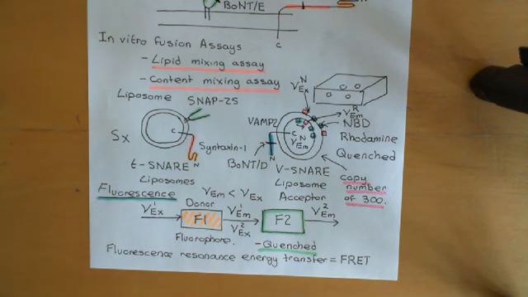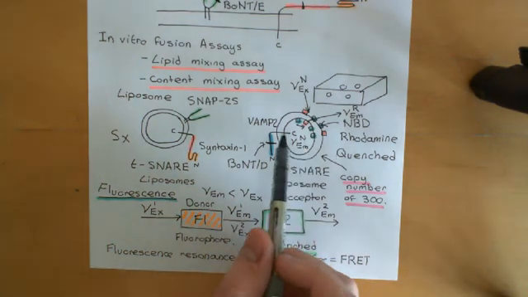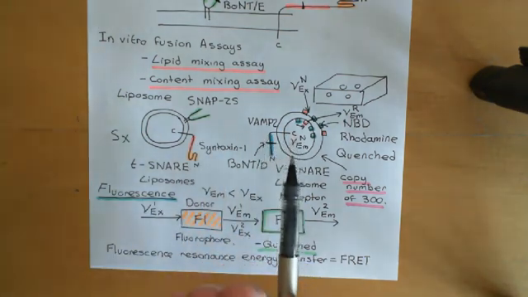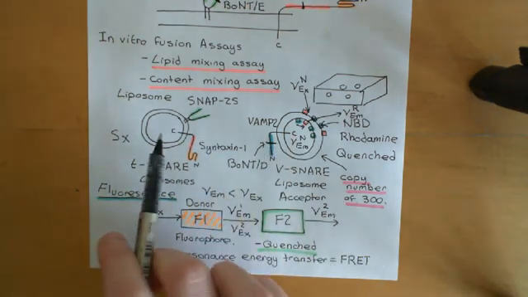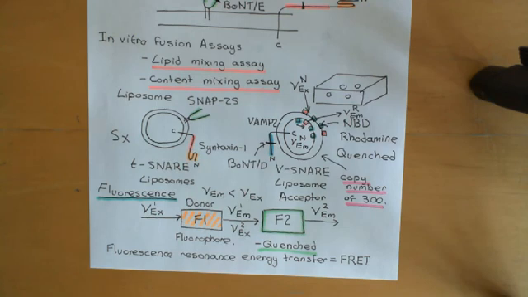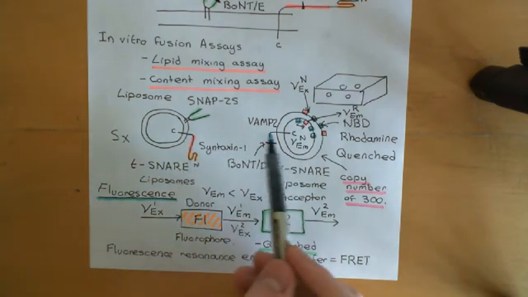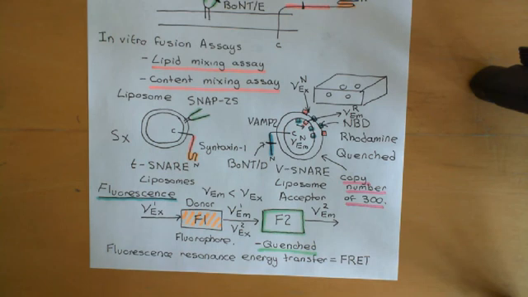Then you can add regulatory proteins that you think might be involved in snare-mediated fusion of the two liposomes together, and see if that now produces a noticeable signal. That would tell you that the regulatory protein was involved in helping the snare complexes to fuse the two vesicles, or the two liposomes, together.